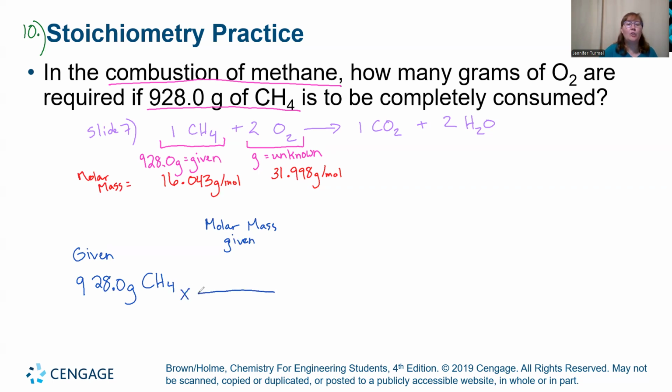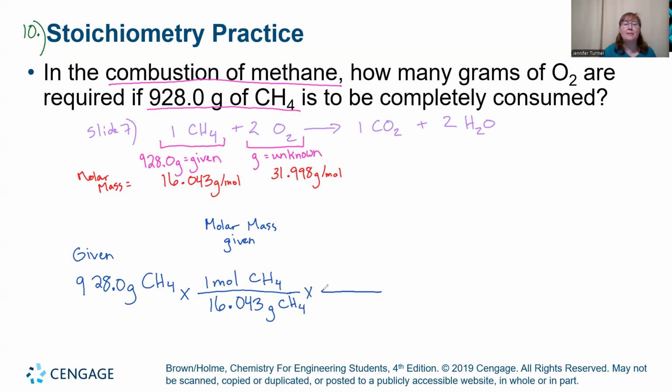And because we're starting here with grams, we need to put grams on the bottom so that it'll cancel. So this becomes 16.043 grams of methane per 1 mole methane. And it's always a 1 because it's a molar mass. It doesn't have anything to do with the values up here.